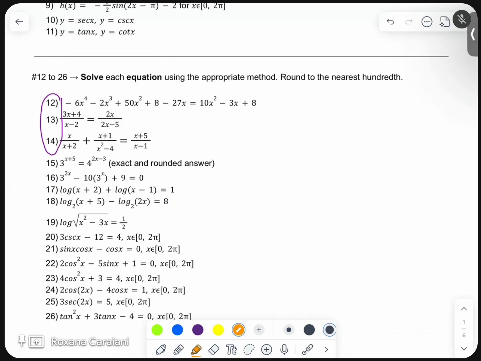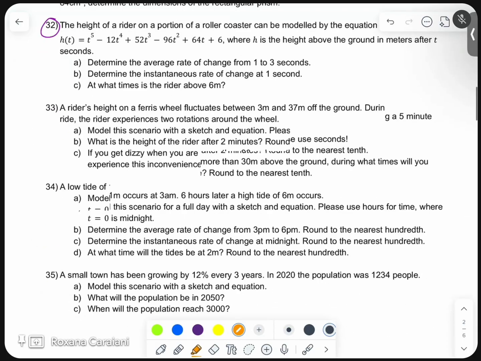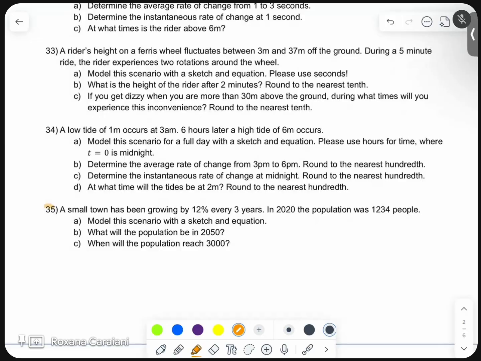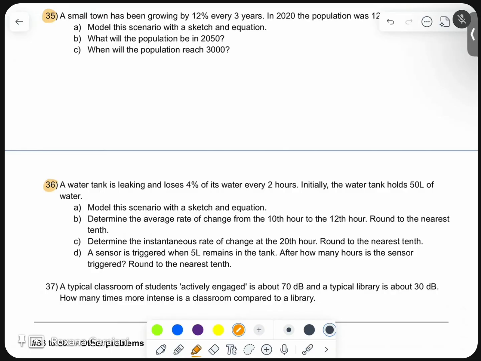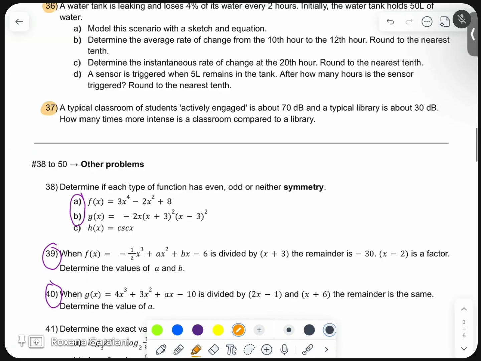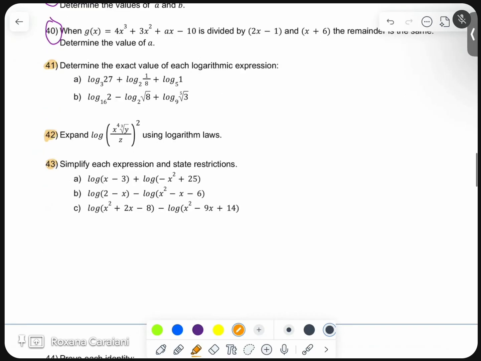In terms of solving, I have some exponential solving, some logarithmic solving from 15 to 19. We didn't do any inequalities there. I have an exponential word problem for question 35, and another one for 36, and a loudness question for 37. And for the other problems, we have some logarithm laws and restrictions for questions 41, 42, 43.